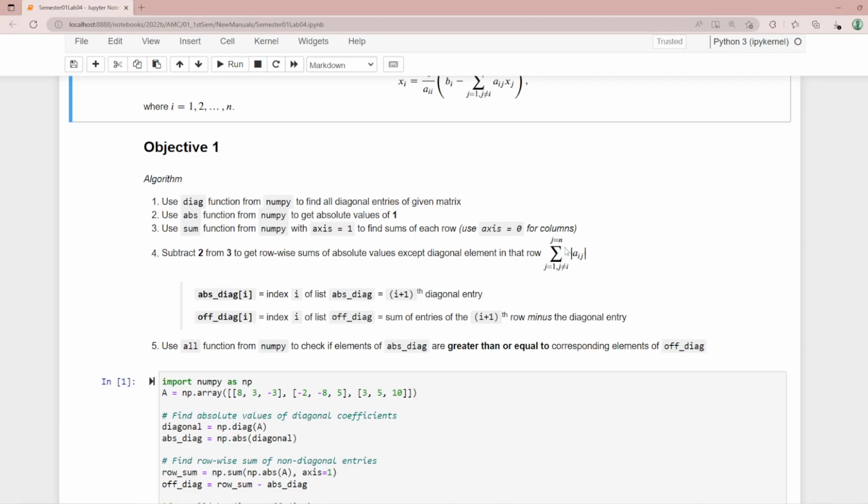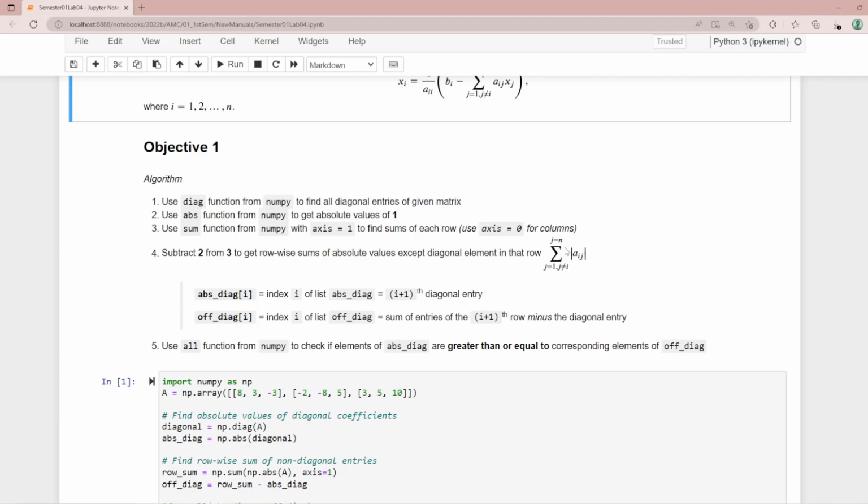And please note here that we will be using the argument axis equal to 1 to denote the rows. In order to find the sum of the columns, by the way, we must use axis equal to 0 as an argument for the sum function from NumPy.